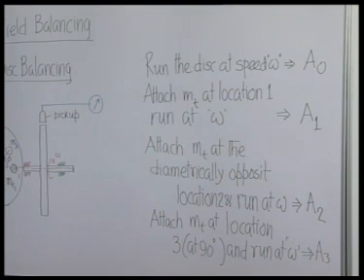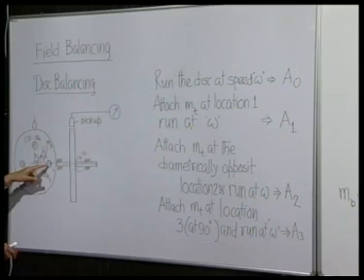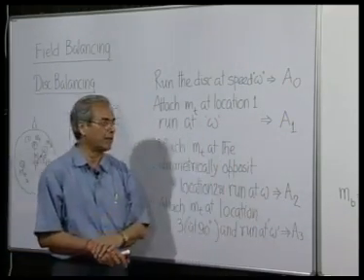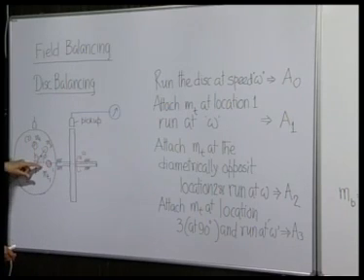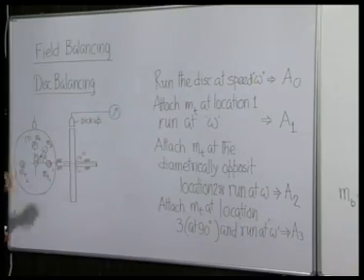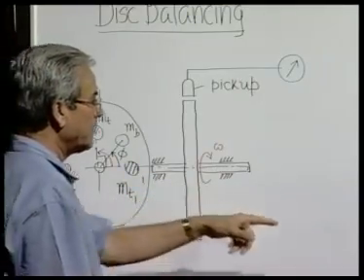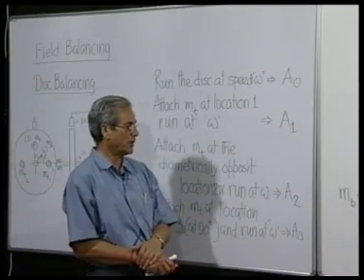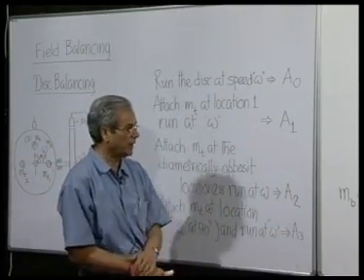Then rotate it by 180 degrees, to the diametrically opposite position, run at speed omega, and you get amplitude A2. And before that you can also rotate it by 90 degrees, a third location where you put your MT, and run at the same speed omega, which gives you amplitude of vibration A3.